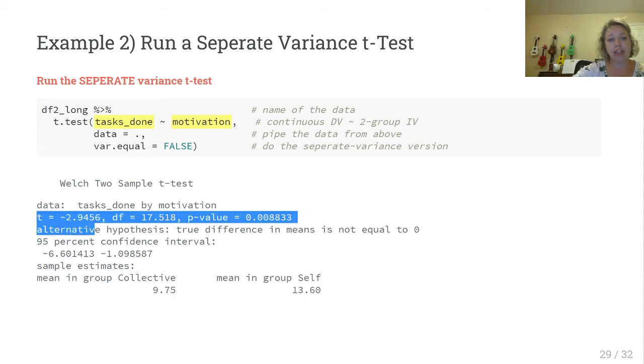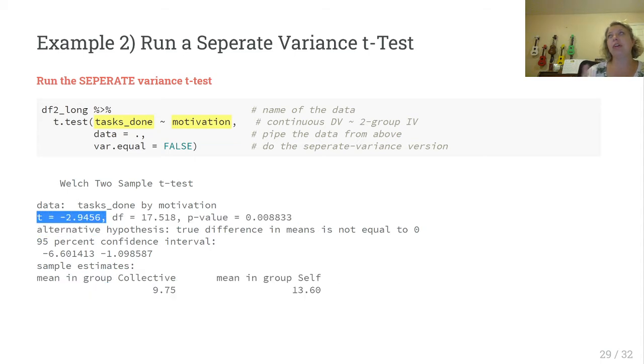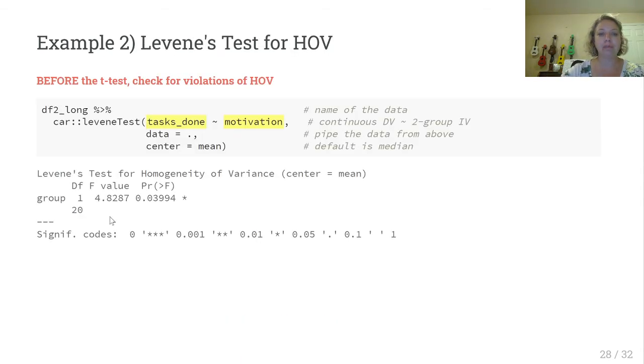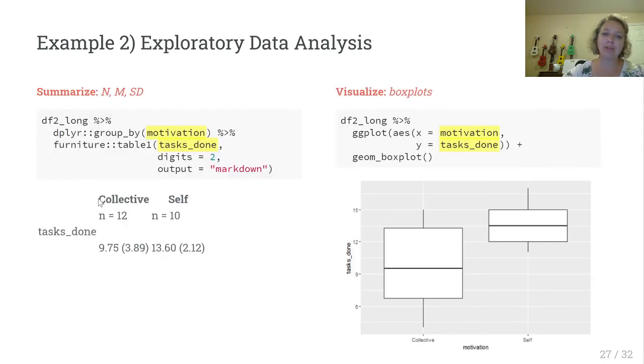So t-test, negative value. Now I do want to point out when we're doing a t-test comparing two groups, the t value could be positive or negative, and the sign merely is a result of the order that you're subtracting in, whether we're doing self-motivated first or collective motivated first. If we go back to the table, notice collective is first in our table before self.